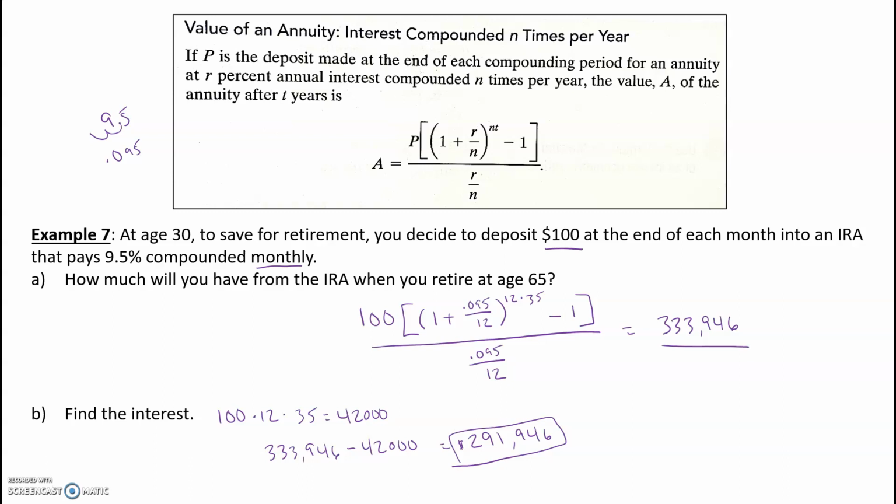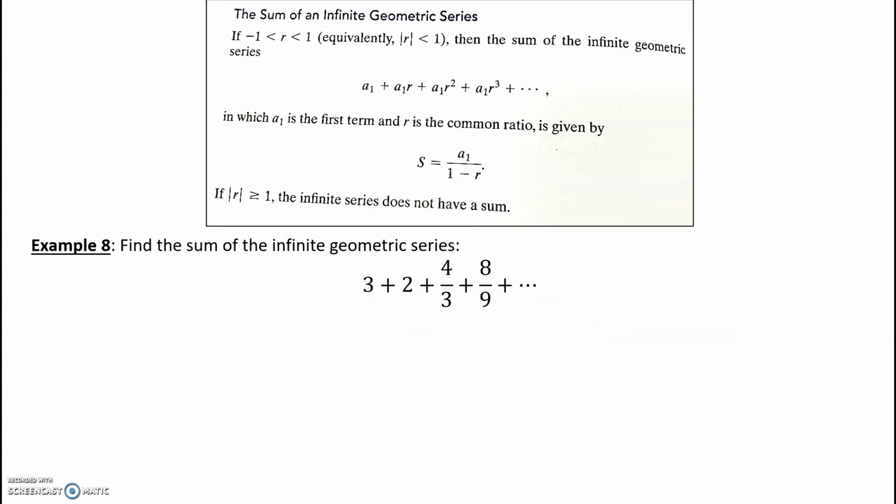All right, I'm actually going to keep going. Find the sum. Here's your formula. And I'm going through pretty fast because I want to get through this in one video. A sub 1 is 3 over 1 minus your rate, which this one's not as obvious, so I would use the division. 2 divided by 3 is 2/3.